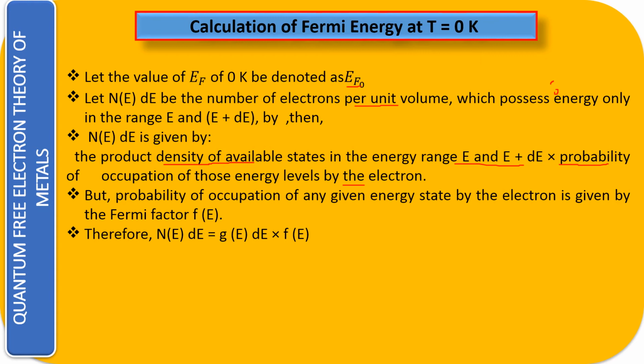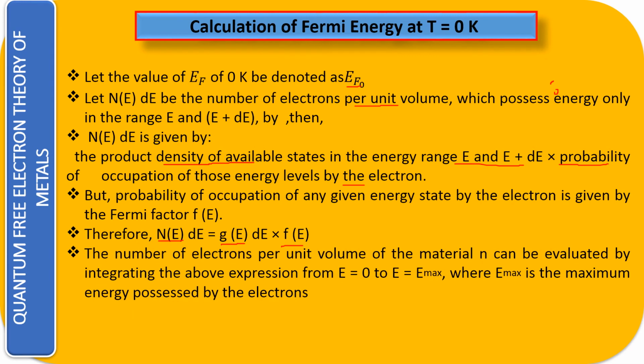Therefore the total number of electrons is the density of states into the Fermi statistics, the probability of finding electrons within those ranges. The number of electrons per unit volume of the material N can be evaluated by integrating the above expression.